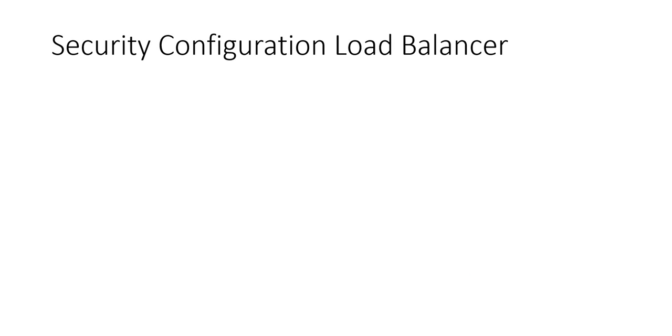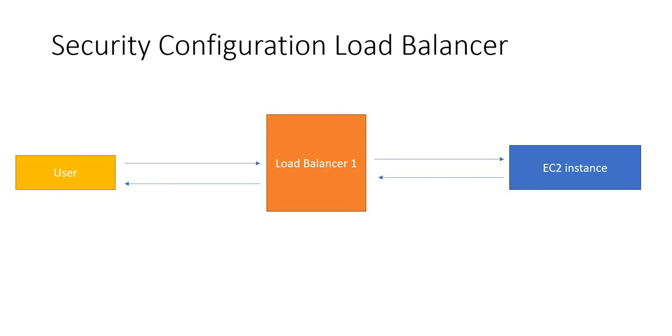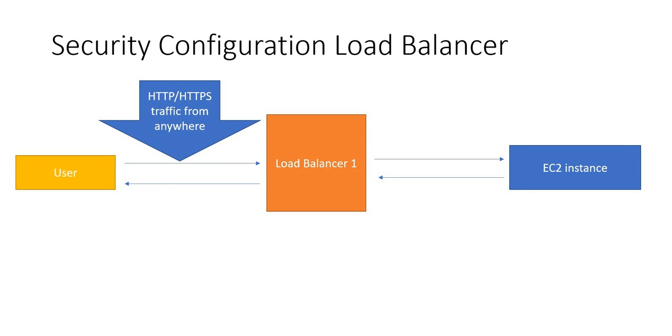Now let's understand how we can manage security in a load balancer. Here we have a user and an EC2 instance. Load balancer 1 is configured in the middle of them. It helps you to route the traffic coming from the user towards our EC2 instances. Now what we can do is, in between users and load balancer 1, we can configure HTTP and HTTPS.